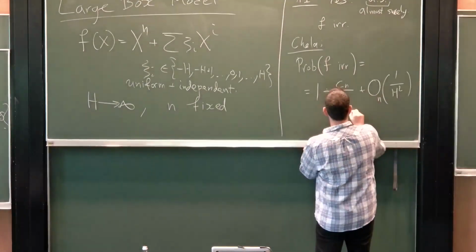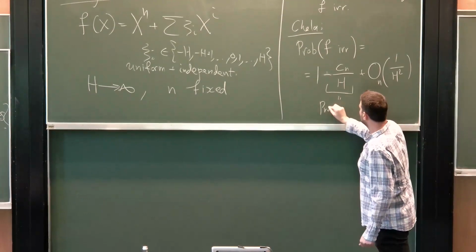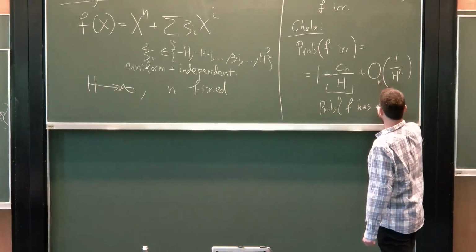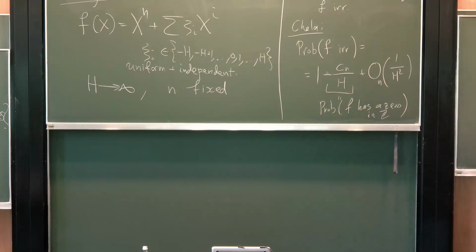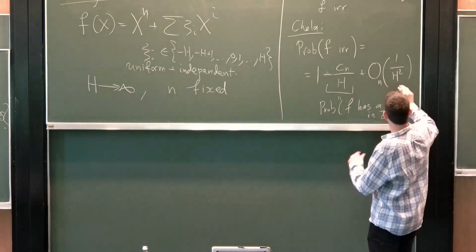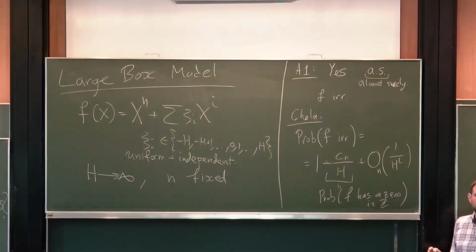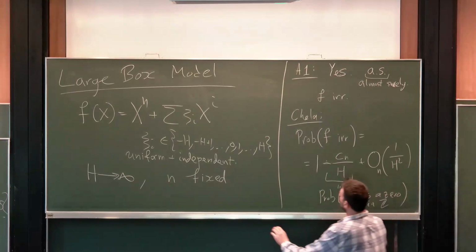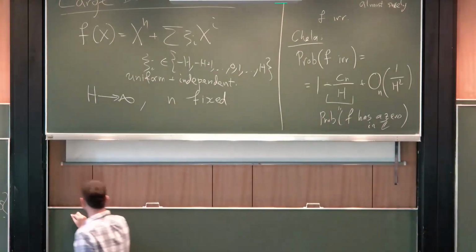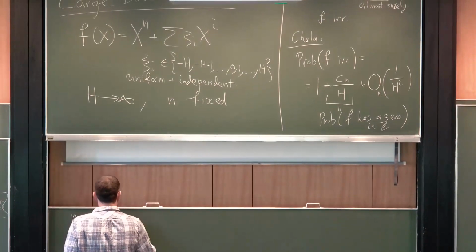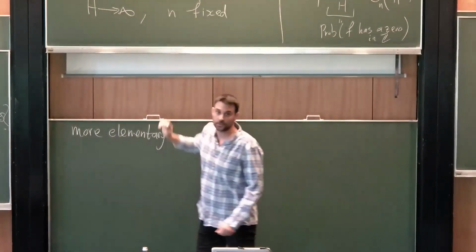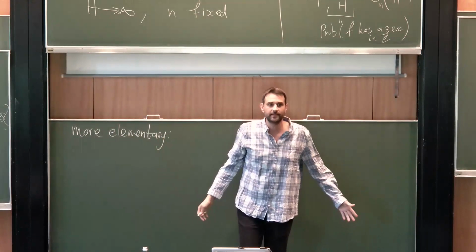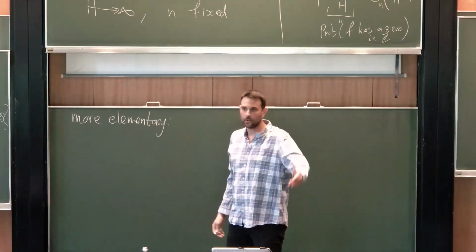And this is an explicit constant. This is just the probability that f has a zero in Z, so it's not difficult to compute this probability. Okay, so it's very explicit, but here the constant depends on n, and not in such a nice way. If you want something more elementary, and this is just in case you also want n to go to infinity, because we don't like polynomials of degree only 10, we want it to grow more and more.